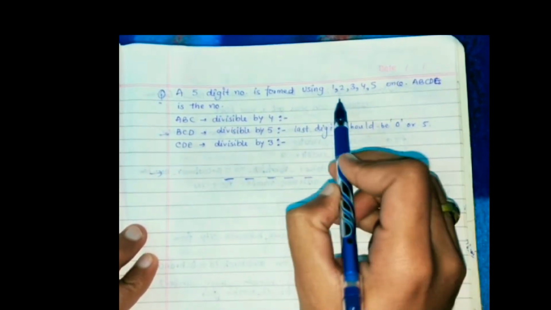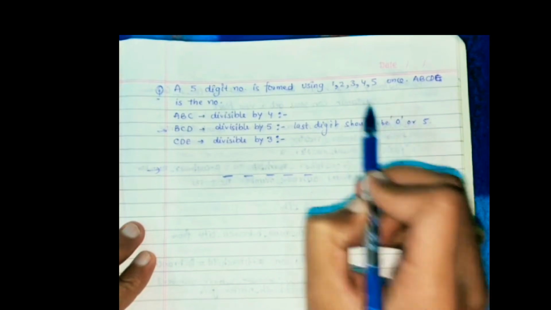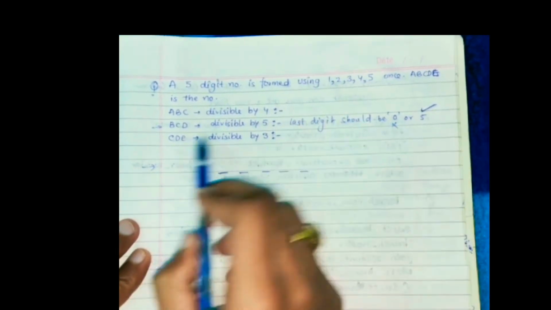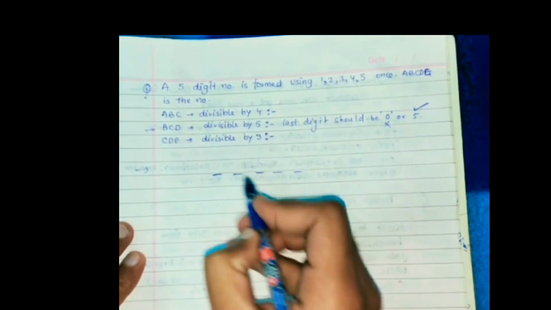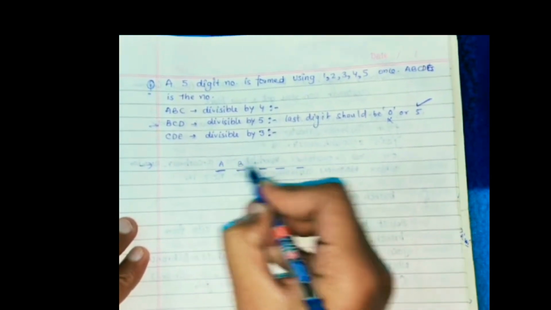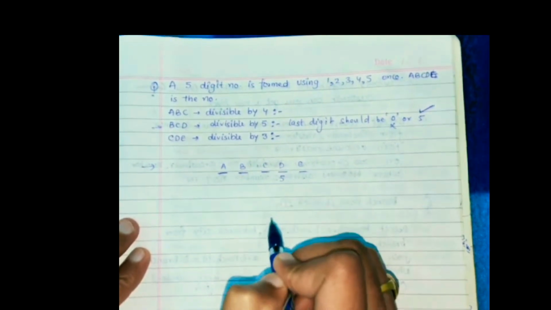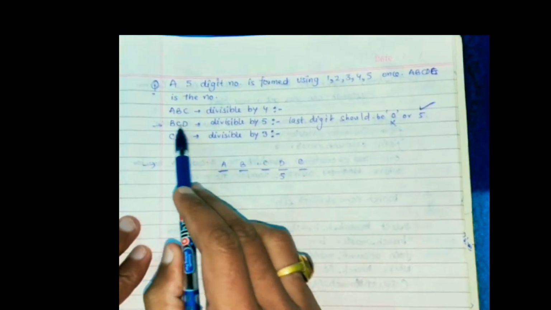Here we have been given 1, 2, 3, 4, 5. So 0 is not a possibility, and 5 would be the choice for D. So here we have A, B, C, D, E with 5 in place of D. So we are done with this second condition.